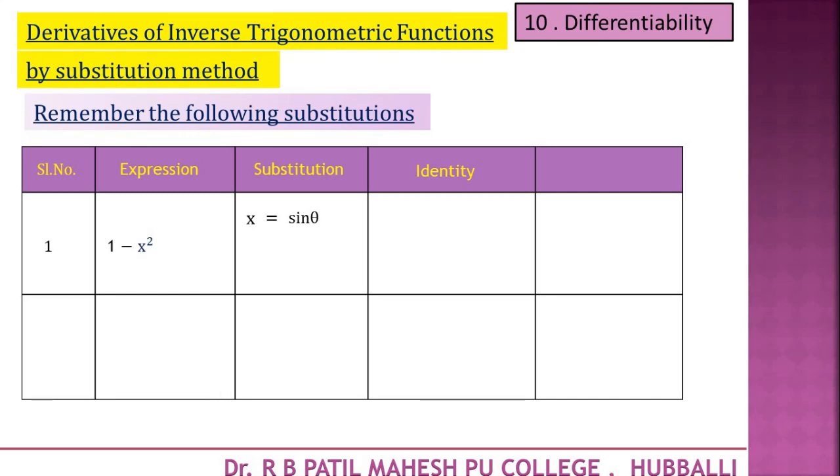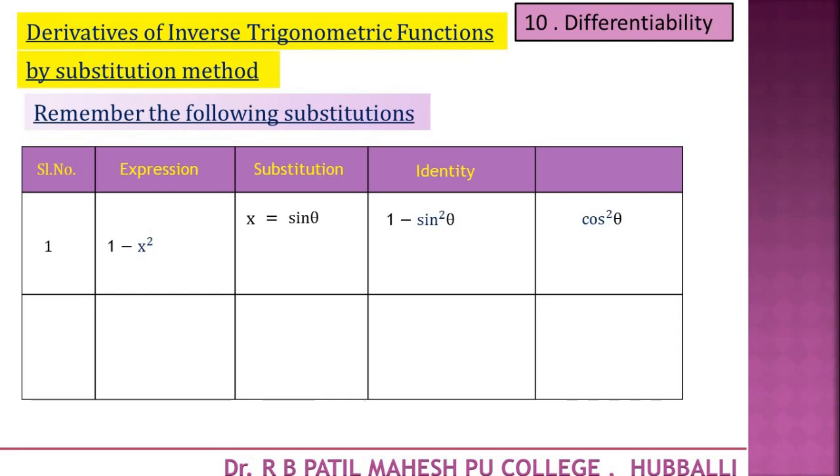Okay, so if you replace x by sine theta, then we get 1 minus sine square theta. And we know that this identity is cos square theta. I hope you understood. Remember the expression as well as the substitution.